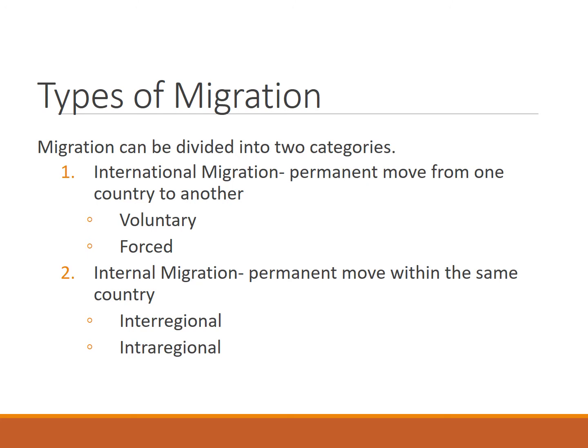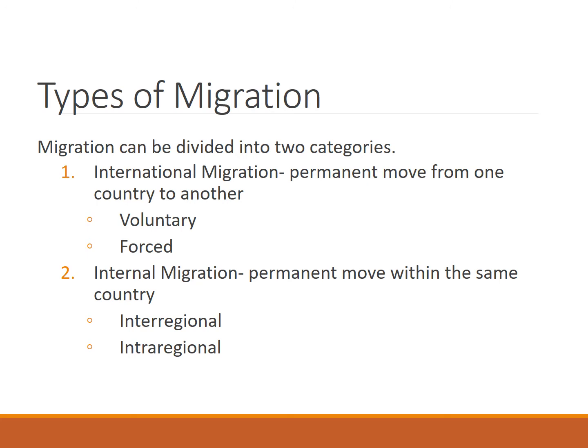Two categories of migration, international and internal, and they are just what you might think. International is between countries, so moving from one country to another. Internal is moving within that country. So breaking it down further, you can have voluntary international migration and you can have forced international migration.